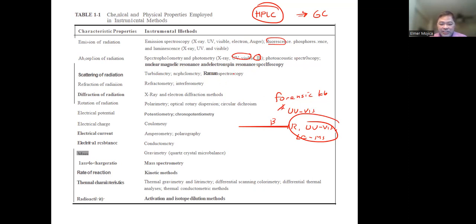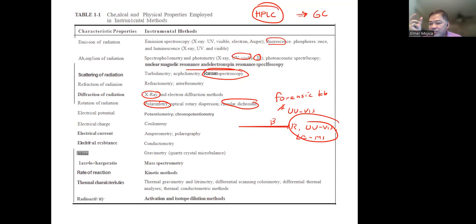Scattering of radiation, I have experience in Raman. Refraction, refractometry, we have an instrument for that, but I have never used it. Then you have diffraction of radiation. I have experience with X-ray diffraction. Rotation of radiation, I have experience using polarimetry and circular dichroism.